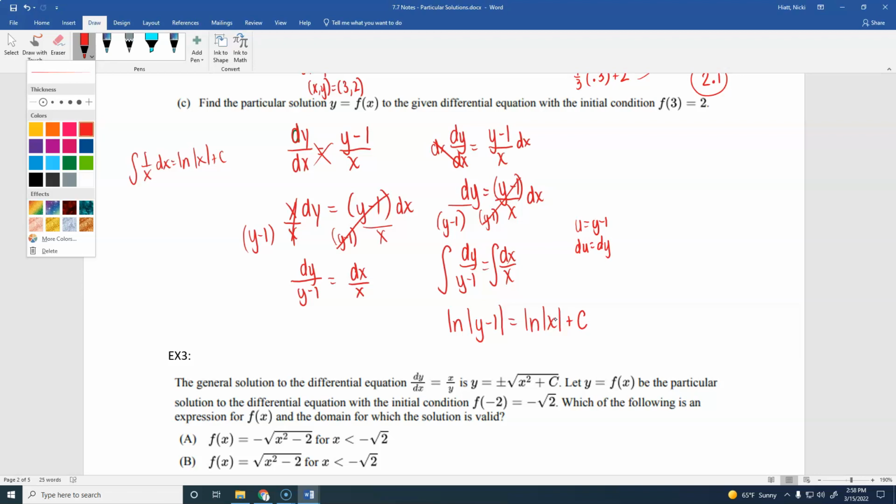And if you don't put the plus c, then you cannot get any more points for the rest of this problem. And if you add it at the end like Daniel did on that problem the other day, you still can't get any more points on the problem. You could get the points for separating and for integrating, but you wouldn't get any more points after that.